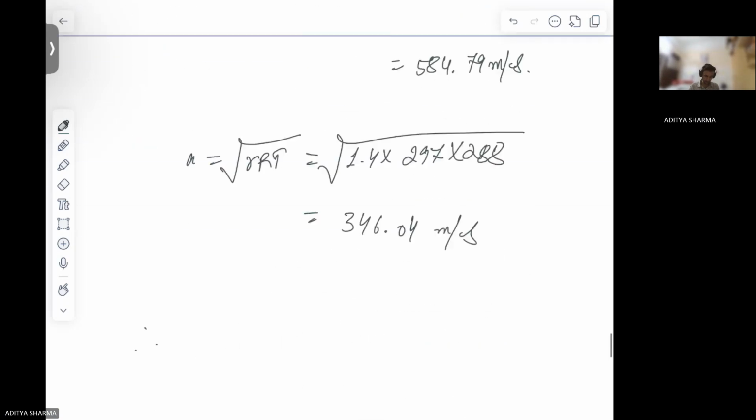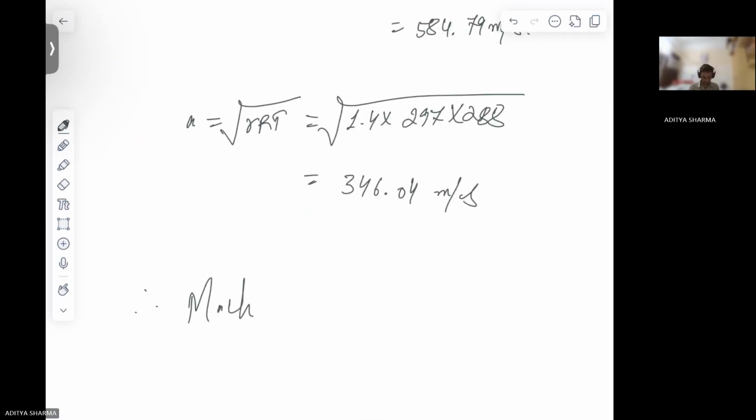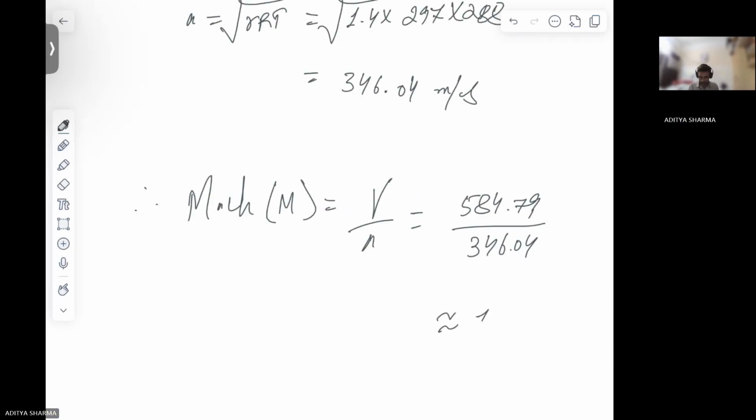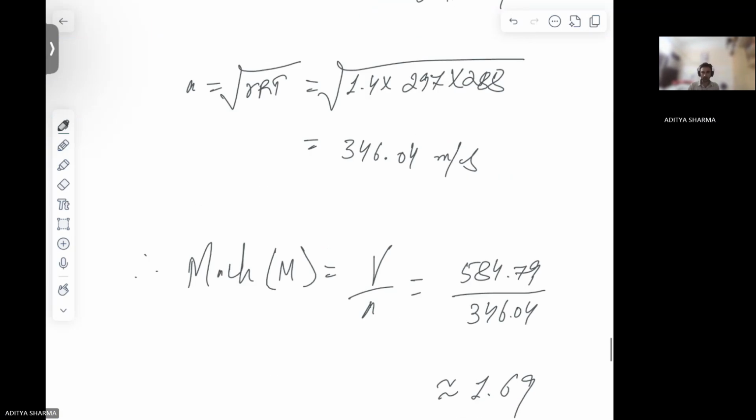Then your Mach becomes around 1.69. Right, so this is it about shock tubes.